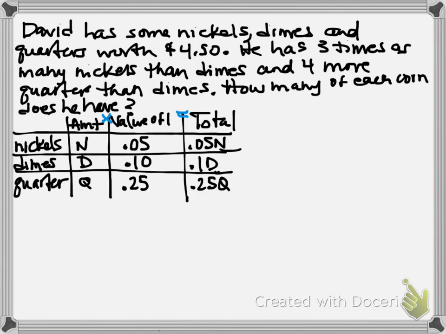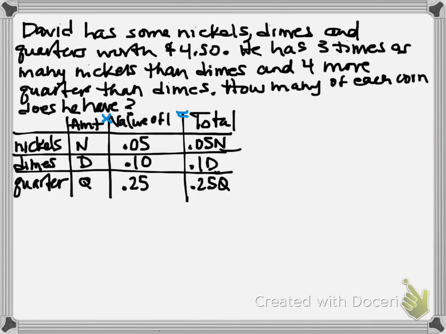So what's interesting is I know how much my nickels are worth, how much my dimes are worth, and how much my quarters are worth. And what did they tell me in the problem about how much they're all worth together? They said $4.50.